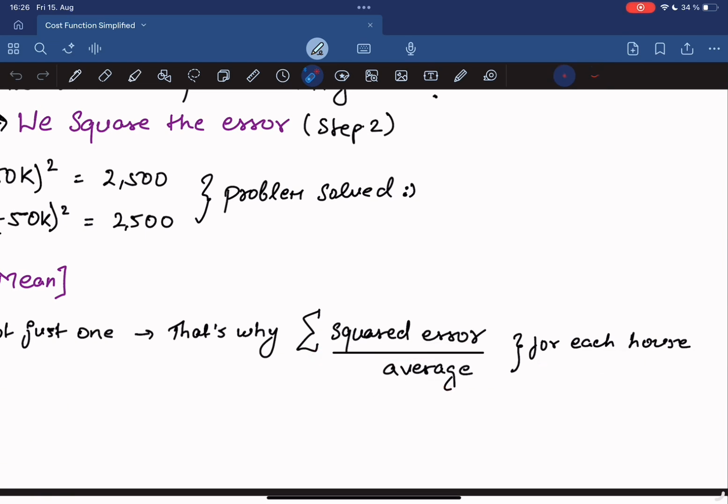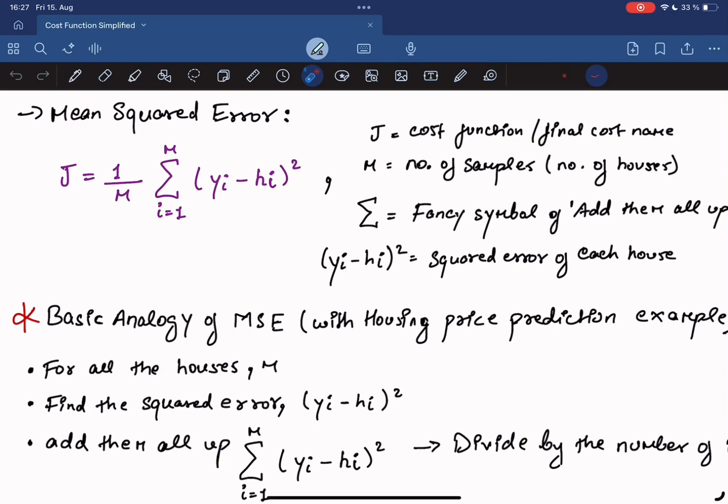Now I hope you understood those steps, and we can move on to our mean squared error equation. Let me tell you the elements real quick. J stands for the cost function, or the final cost, and m stands for the number of samples, or in our example the number of houses. This symbol you see is basically a fancy way of saying add them all up, and y_i minus h_i, the whole squared, is calculating the squared error for each house.